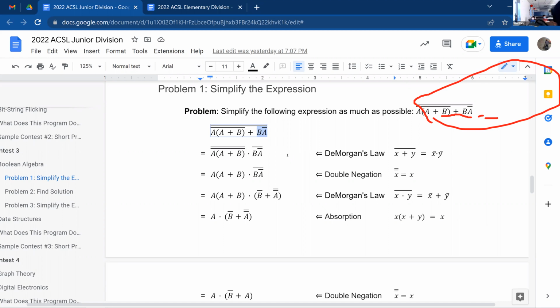It's just that whole part, which is B and not A. That part you copy, and that part has a not on top of it now, right? So that is Y. This part, B and not A, is basically Y. You have not Y here now, right? Not X and not Y.